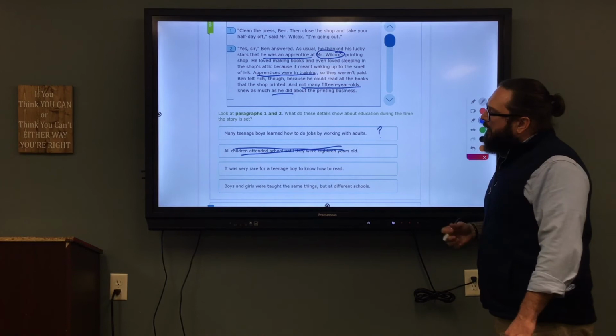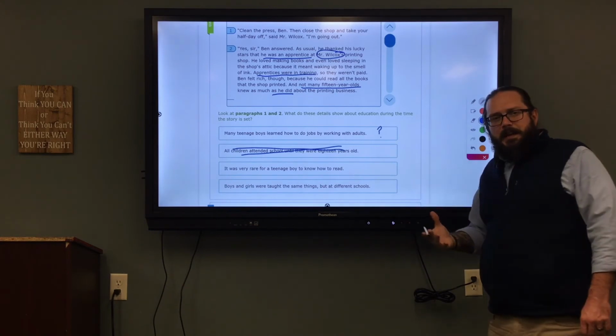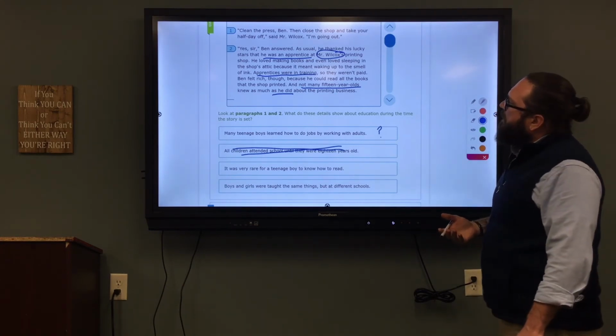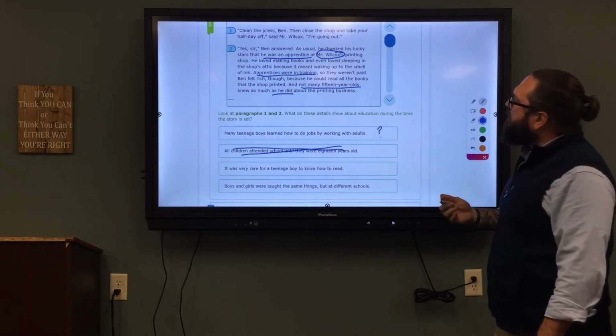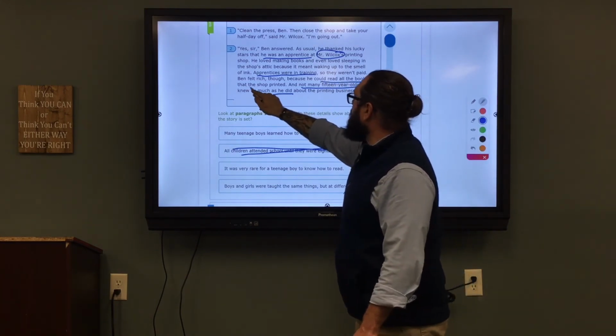It was very rare for a teenage boy to know how to read. Is there anything in the passage that would support this? Well, what we're told is that Ben could read all the books that the shop printed.